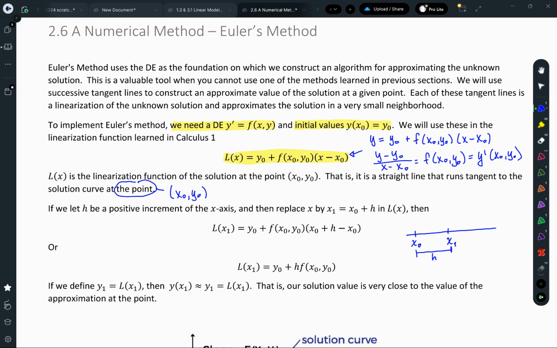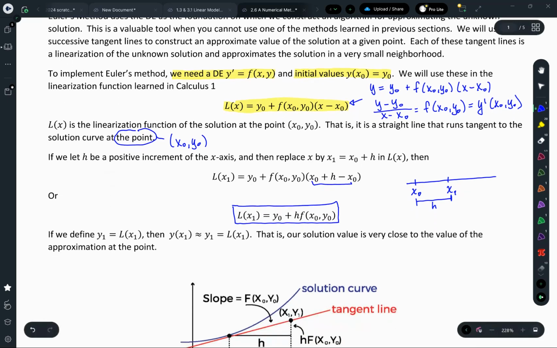Okay, well, I see in here we've got an x naught minus an x naught, so those are going to go away and just leave behind an h. So our formal equation, if we know x naught and y naught, we can now evaluate the linearization function at the next x value, x1. And then we would say that the linearization function at x1 is simply equal to the y naught value plus h times f of x naught, y naught.